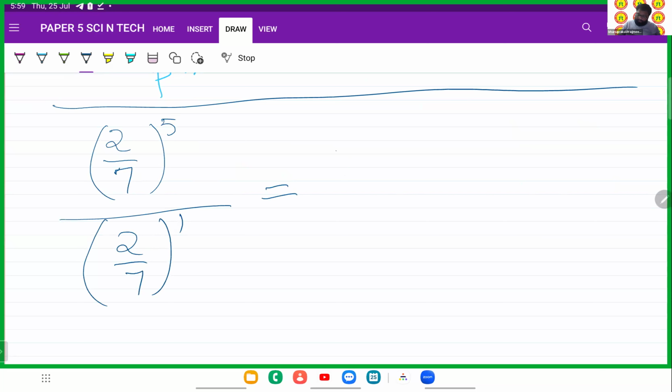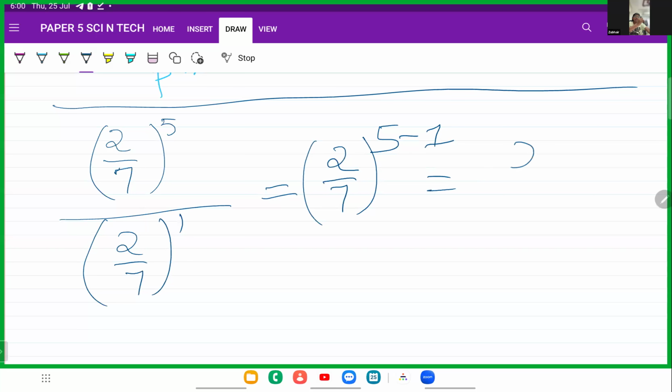What is the answer? Sir, 2 by 7 whole to the power of 5 minus 1, whole power of 4. So 2 by 7 whole to the power of 4. Okay? Any confusion in this?